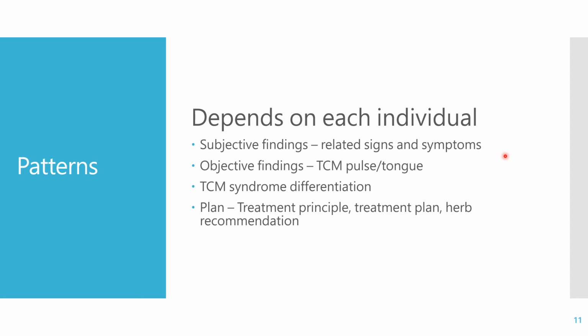Before we do syndrome differentiation, we have to collect subjective findings like relative signs and symptoms, and we have to collect objective findings like pulse and tongue. Then we can do syndrome differentiation. Finally, we have the treatment plan.